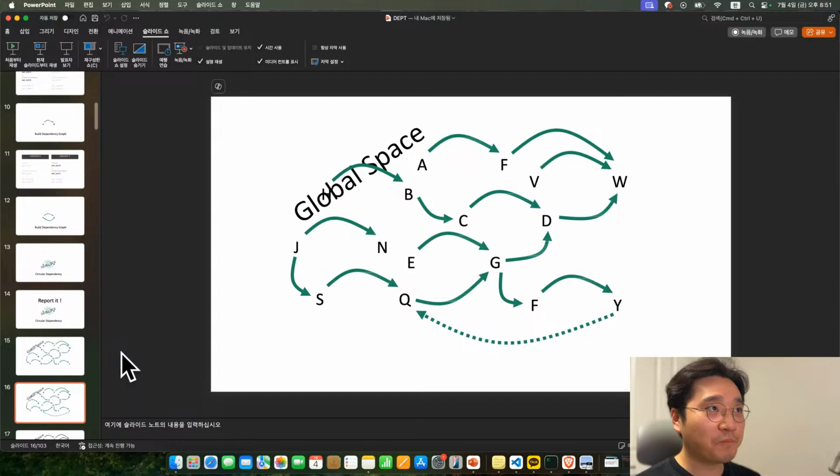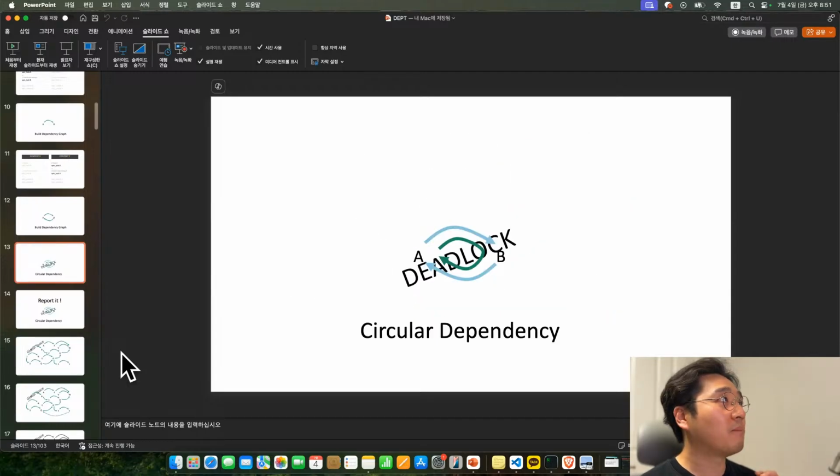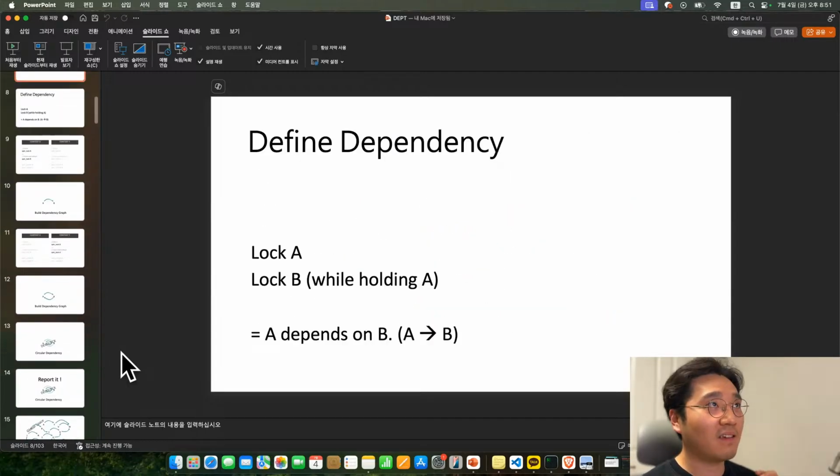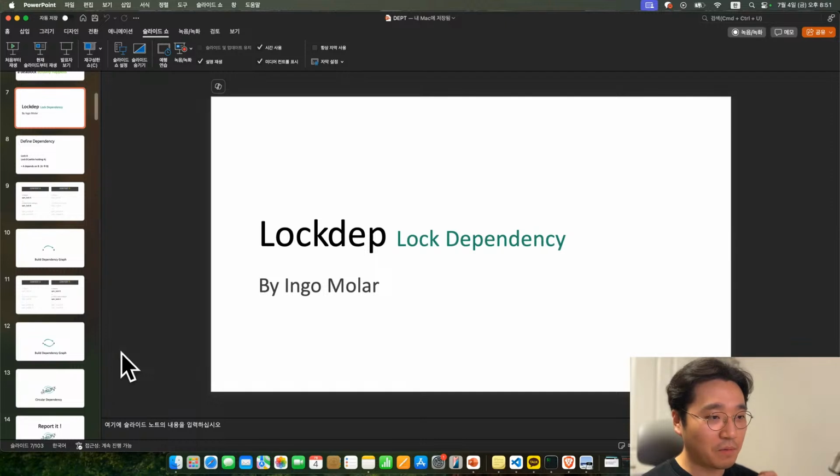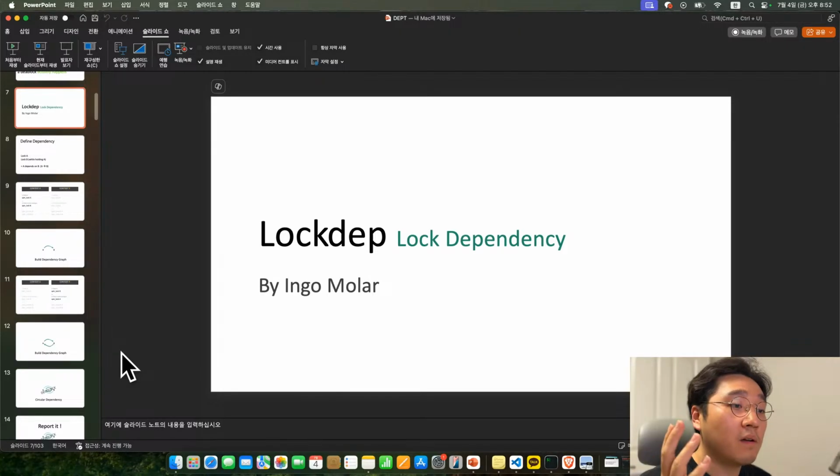As you know, these dependencies are implemented by the Lockdep engine, right? So it builds this complex graph data structure inside its engine, so it can detect this deadlock situation, right?